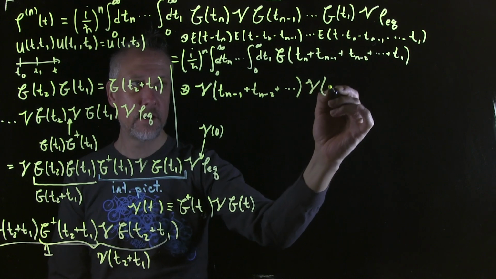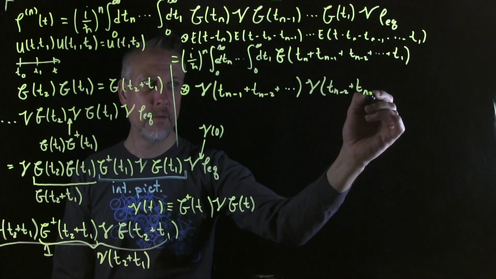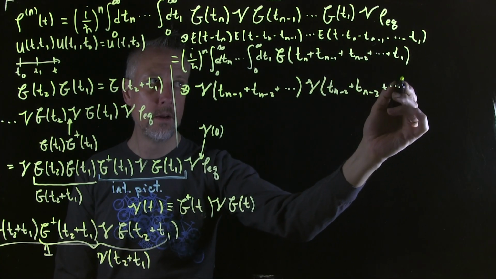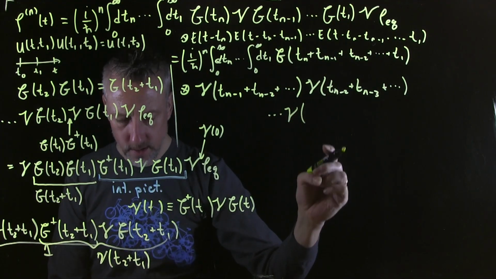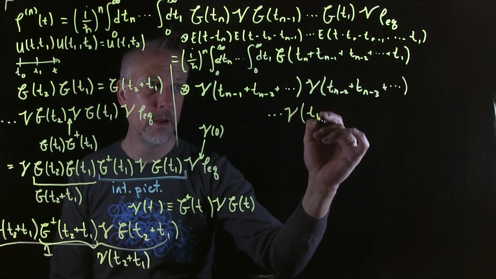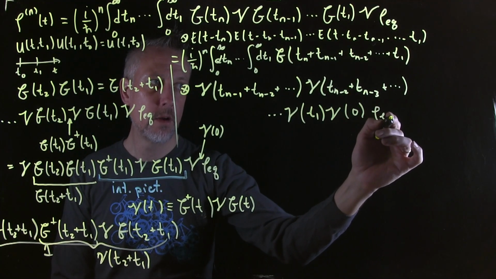Then the next V is going to be Tn minus 2 plus Tn minus 3, and so on, all the way down to V T1, V0, rho EQ.